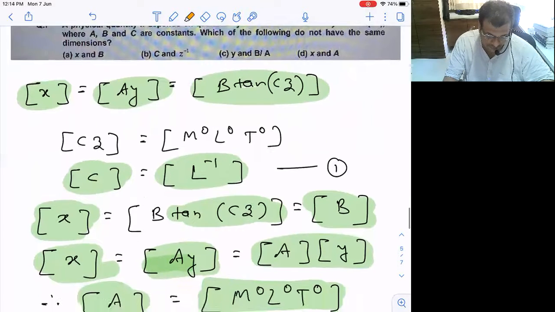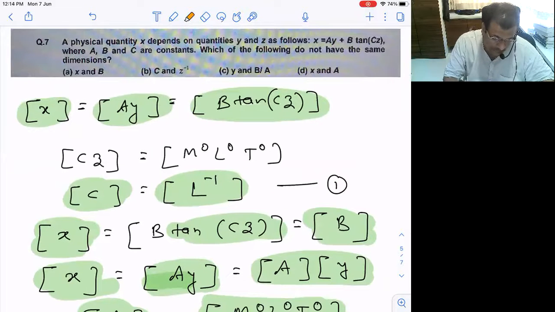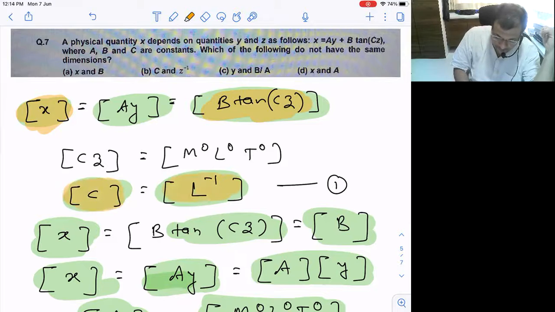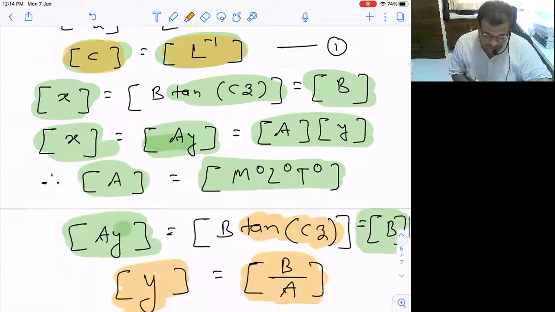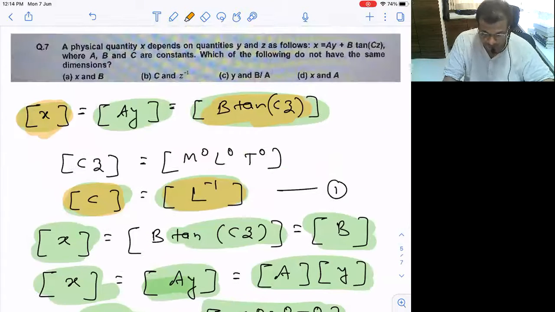Do they have the same dimensions? The dimensions of x will be L1 and the dimensions of b will also be L1, so this is absolutely correct, x and b have got the same dimensions. Let's say c and z to the power minus 1, meaning both have the same dimensions, L to the power minus 1. y and b by a: Sir, this is simple, you can see it, y and b by a have got the same dimensions, right?